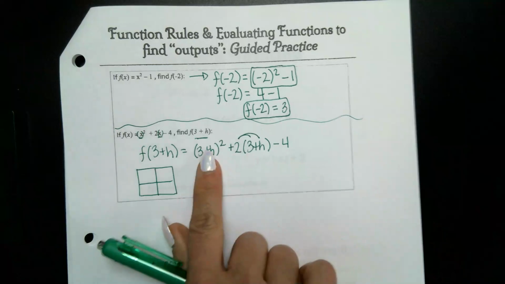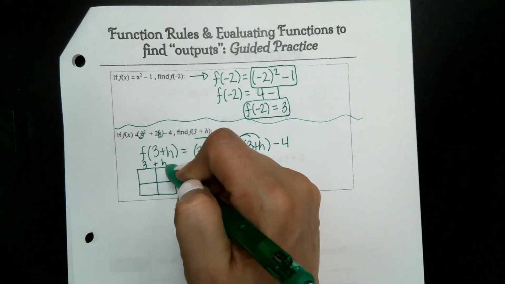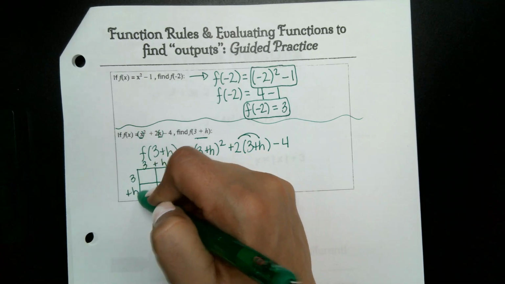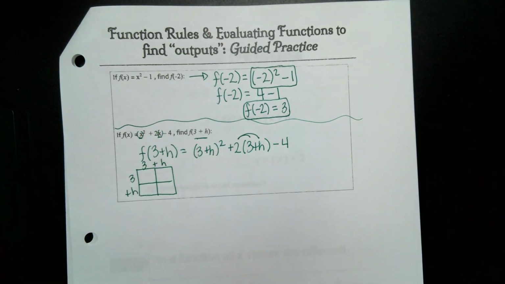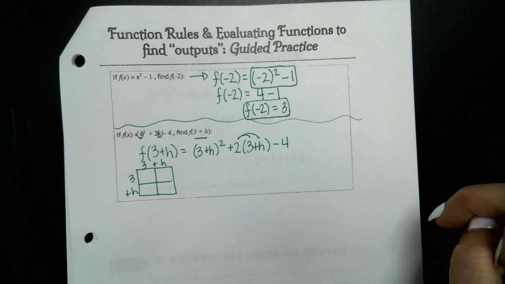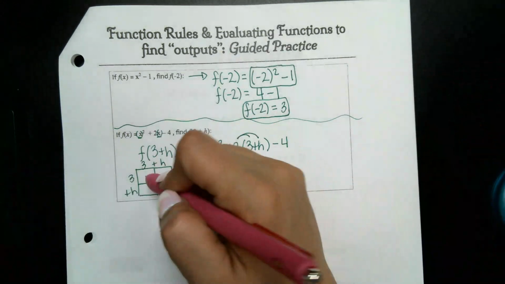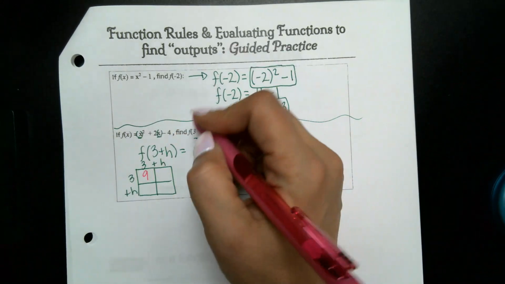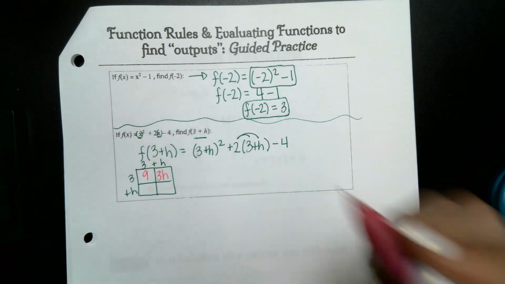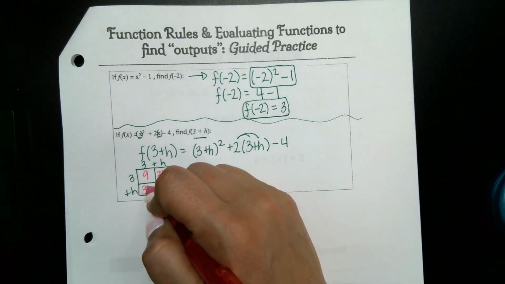Anytime you square an expression, you have to do like 3 plus h times 3 plus h. You have to make a box. Three times 3 is 9. 3 times h is 3h. And then when you go to the bottom row, it's h times 3, which again is 3h.